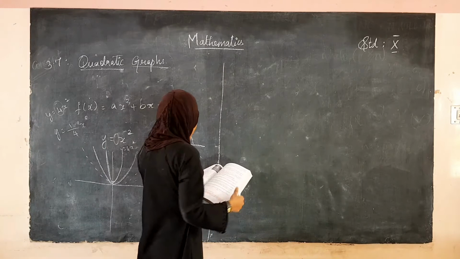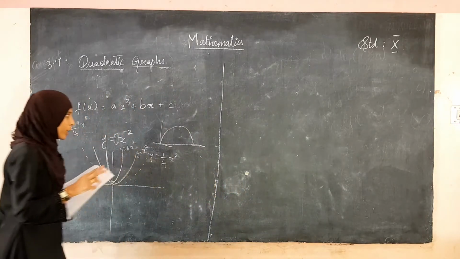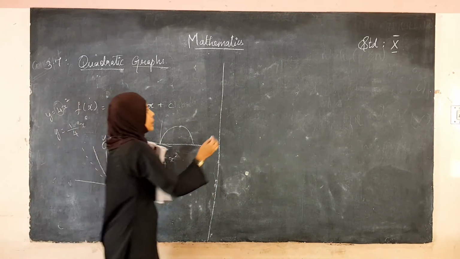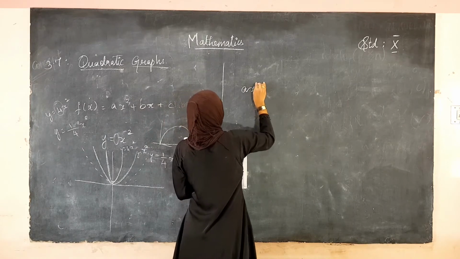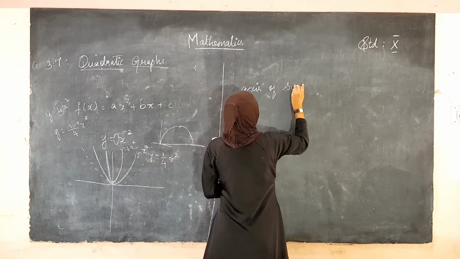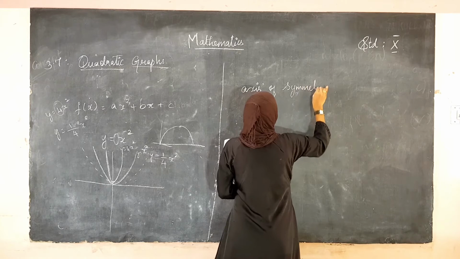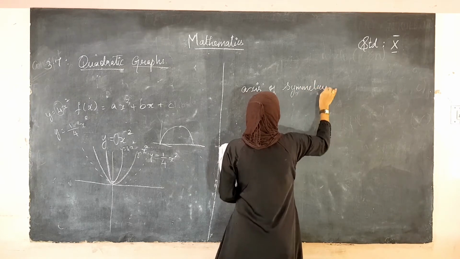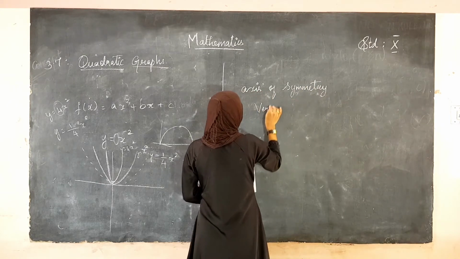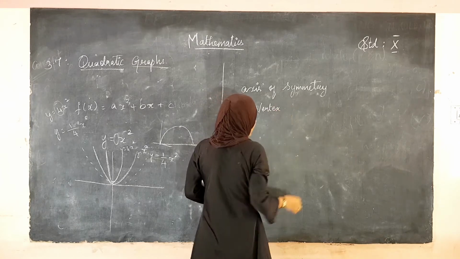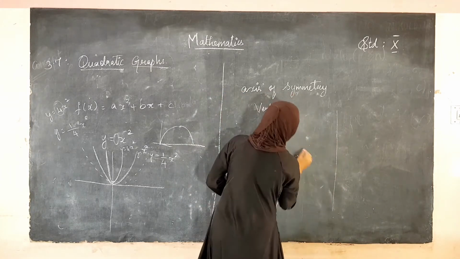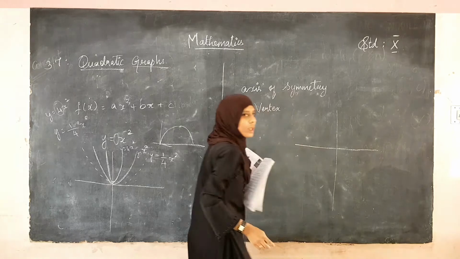Now the two important things: axis of symmetry and vertex of the graph or the parabola. See here, what is symmetry?